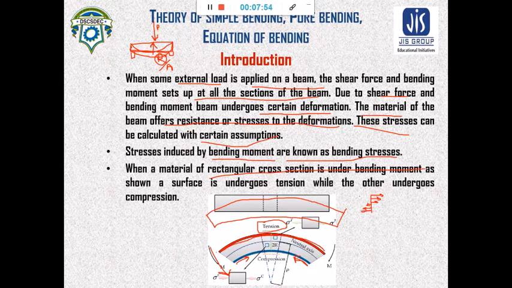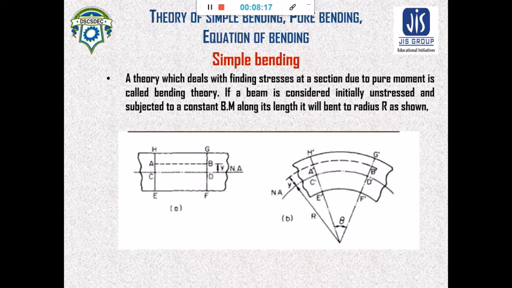So this is the stress. This is our bending stress. This type of stress can be generated in case of bending. Now we will see in detail what bending stress is and how it is calculated.